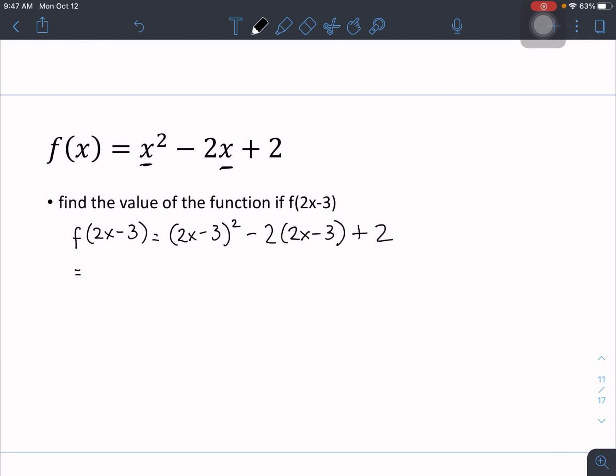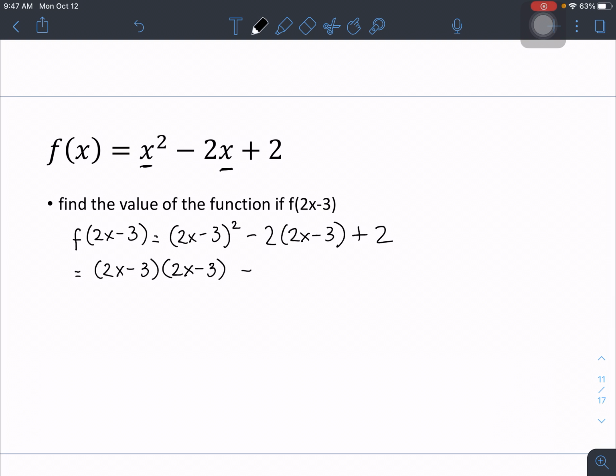Distribute the negative 2: negative 2 times 2x will be negative 4x. Negative 2 multiplied by negative 3 will be plus 6, plus 2.